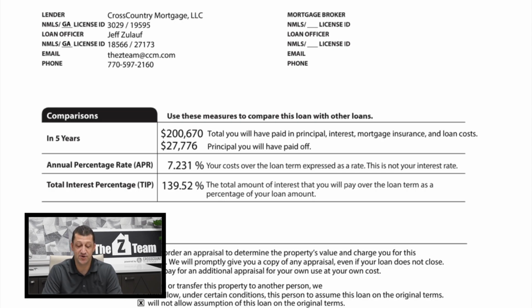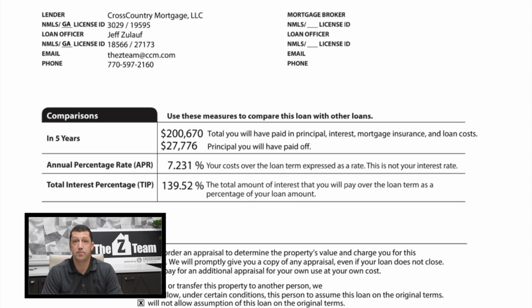Next, we'll move into your annual percentage rate. The APR can be quite confusing. As we discussed on page 1, what your interest rate is, the annual percentage rate, and calculates all those additional costs to include mortgage insurance, title, recording fees, and so it gives you a total cost of the loan if it was calculated from a dollar amount to a percentage. And then at the very bottom, total interest percentage.